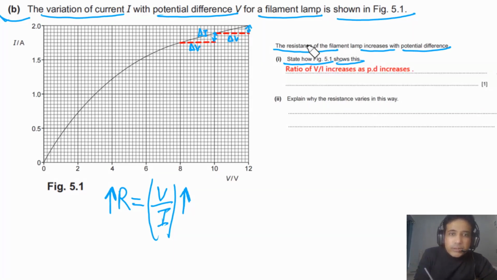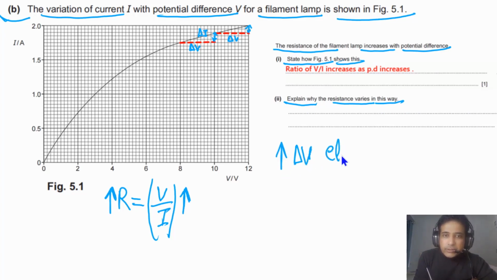Now, if we go to the second part, the question is asking us to explain why the resistance varies in this way. The first thing we need to understand: if the potential difference across the resistor increases, if delta V across the resistor increases, it means more electrical energy has been converted into thermal energy.